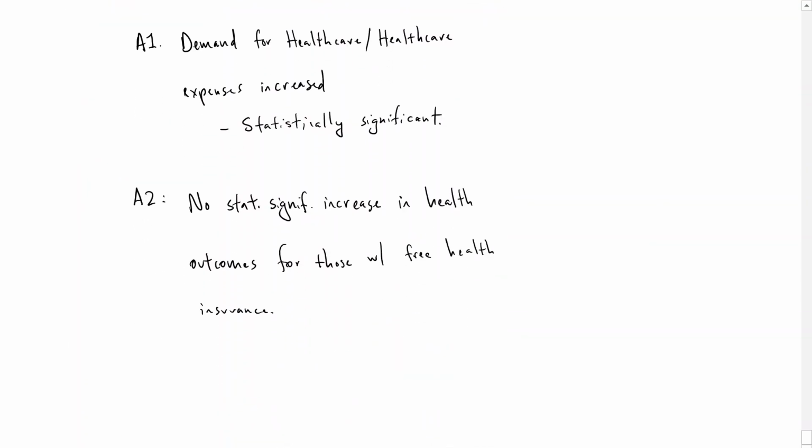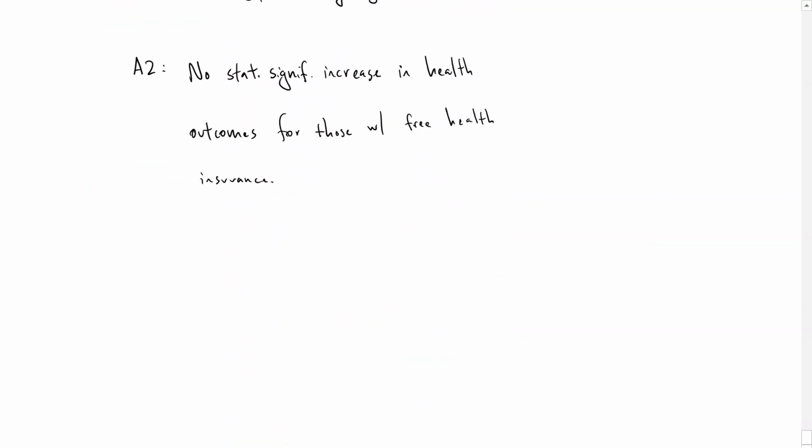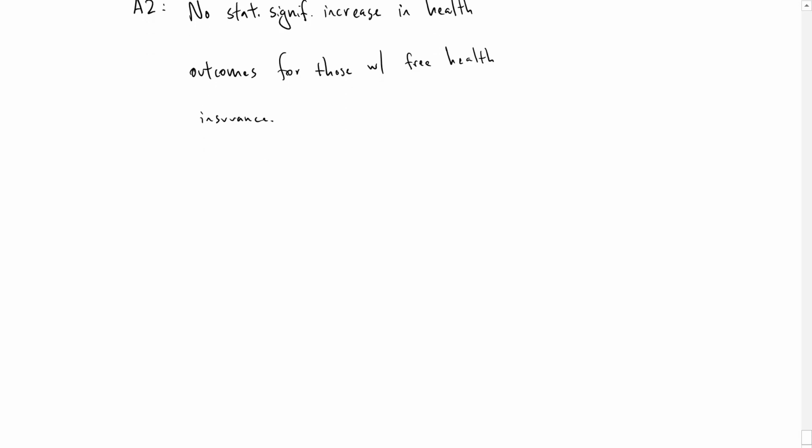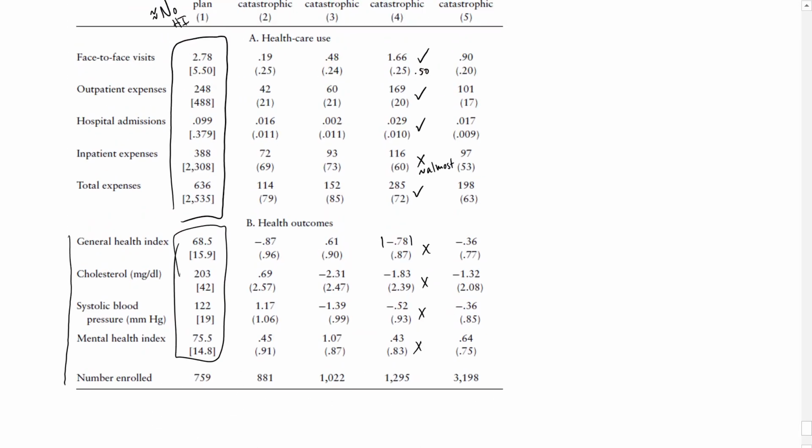Okay, that's the main result. Go check out Mastering Metrics book if you want to read the rest and see what the Oregon Health Plan Lottery had to say. But that's it. That's how you do a randomized control trial. You randomize the groups in sufficiently large enough numbers so that the law of large numbers will kick in, and each of your samples will not only be representative of the population, they'll be statistically identical to each other in both the observable and the unobservable characteristics.